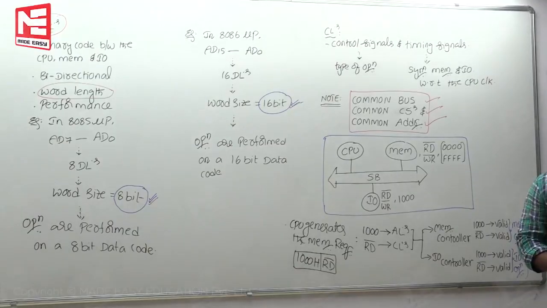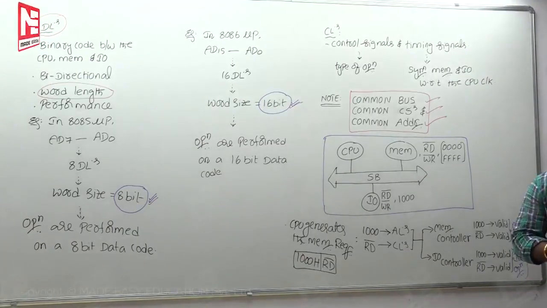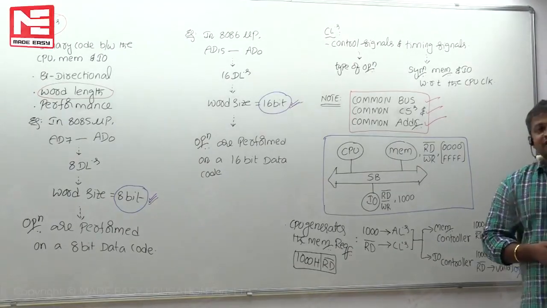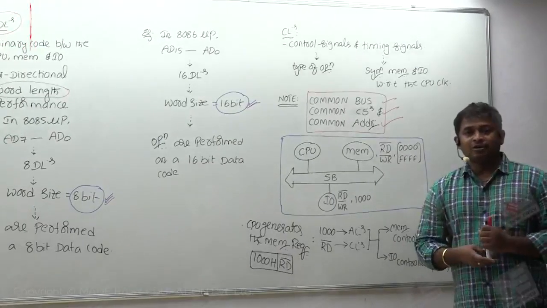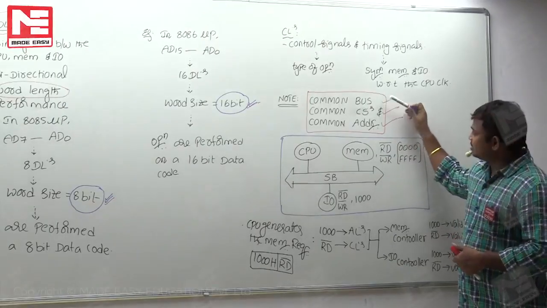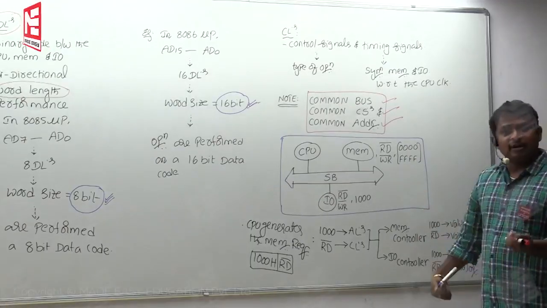Therefore, bus configurations are used in system design to design the computer. Without bus configurations, if you start designing the computer, there may be an oversight. Due to that oversight, there is a possibility of common bus, common signal, common address. Then automatically the system becomes unreliable.